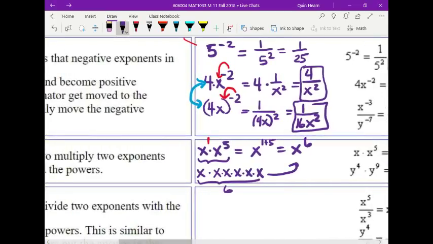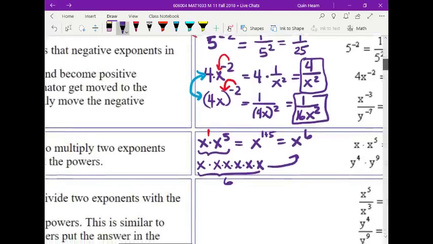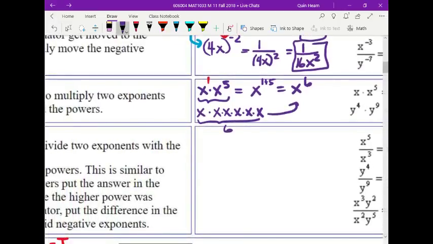Okay, do you remember the rule from when we're dividing like bases? Remember we said to subtract. So let's start with x to the 5th over x cubed. First I'm going to show you the long way, like I did a minute ago with the product up there.